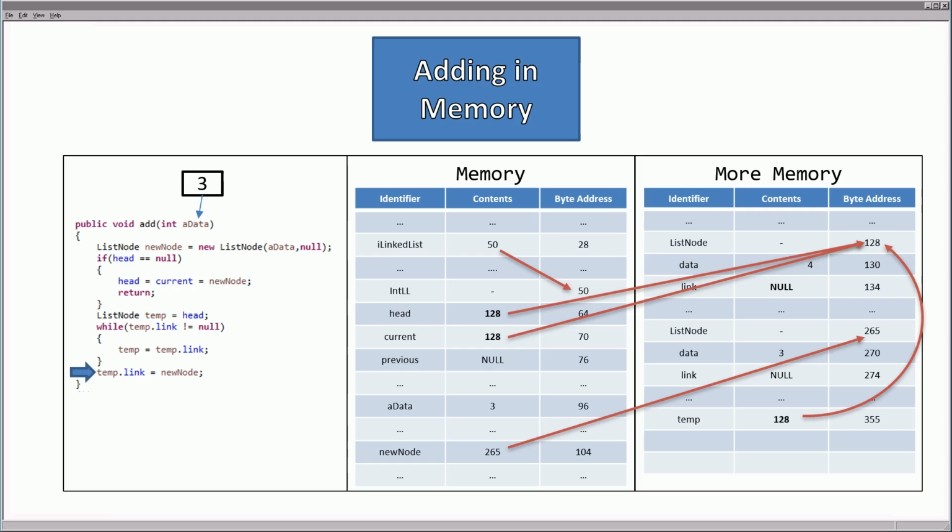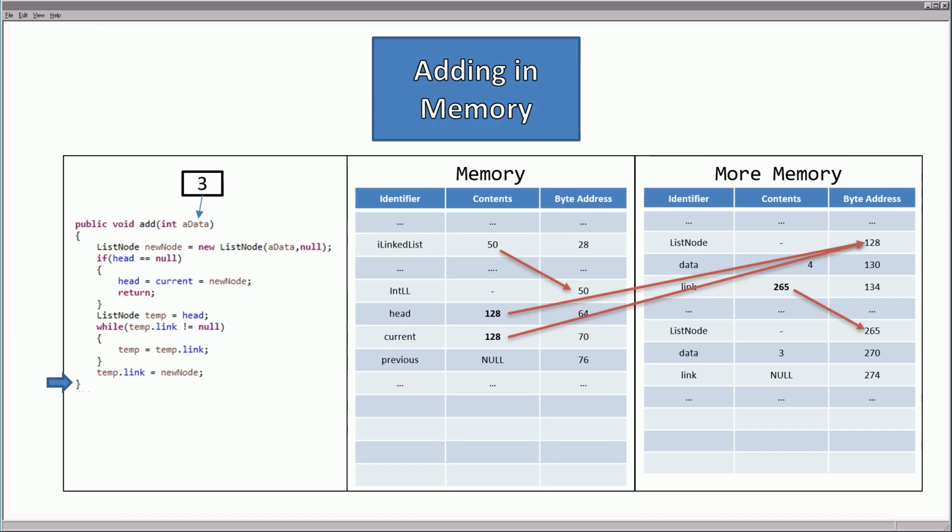So what we do is assign temp.link to now point to the new list node. 265 is the memory address stored in this identifier new node. Now, by assigning temp.link to 265, we create the link that now points to there.